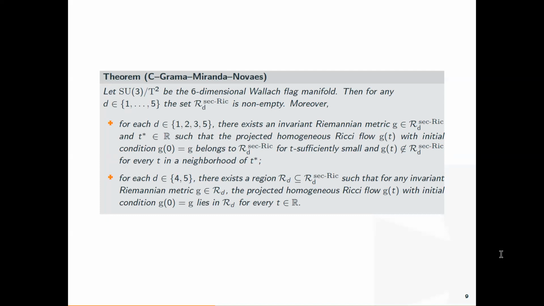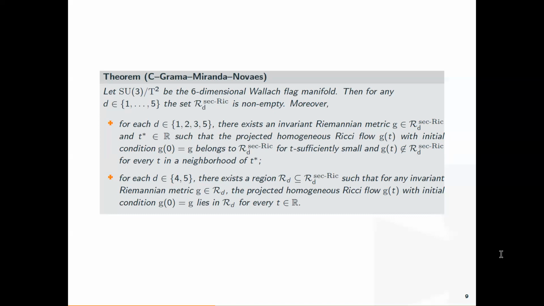For d equal to 4, the flow does not change Ricci positivity, for no metric. Okay, very important. This is very different. And d equal to 4 is not the Ricci curvature. It's one notion below Ricci curvature.